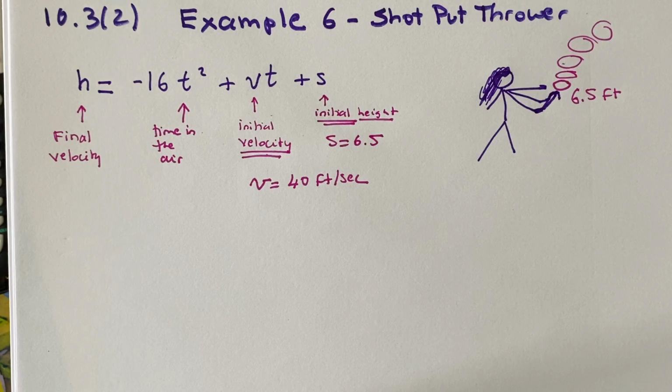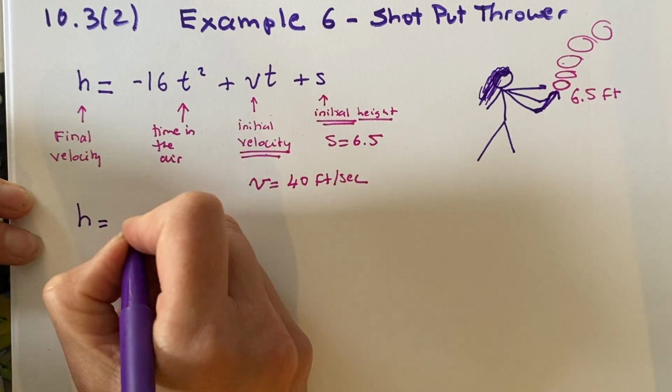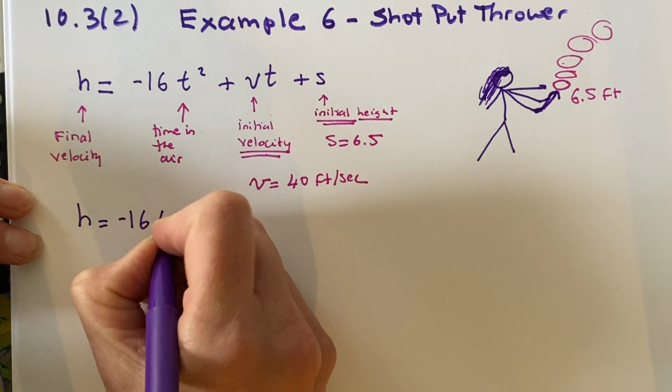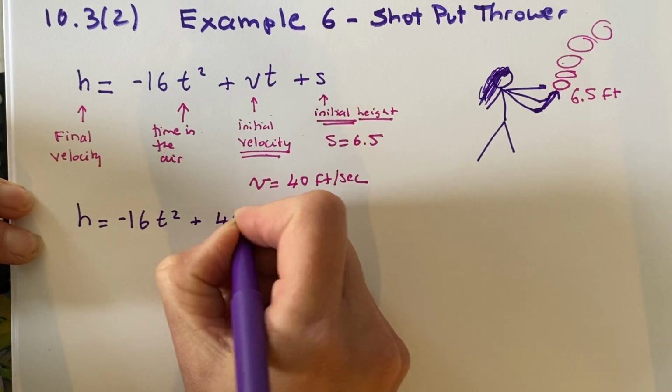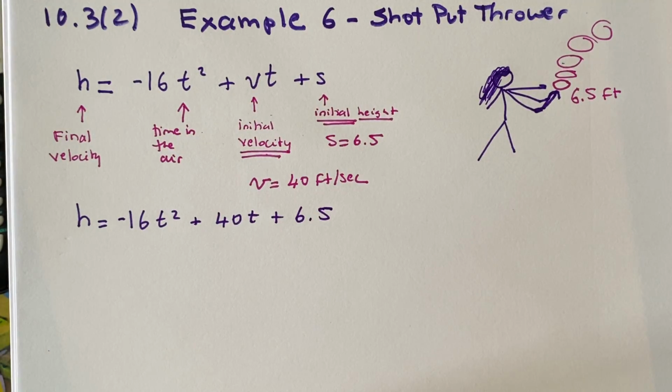Well, that's helpful because I can write my equation fairly easily now that I have these numbers. H equals negative 16 t squared plus 40t plus 6.5. That is the answer to part A.